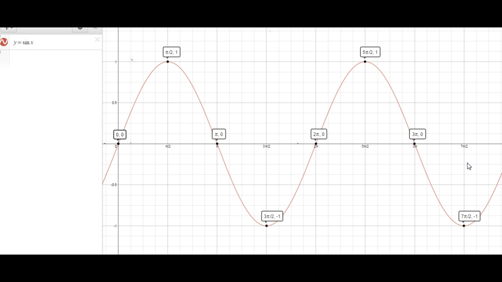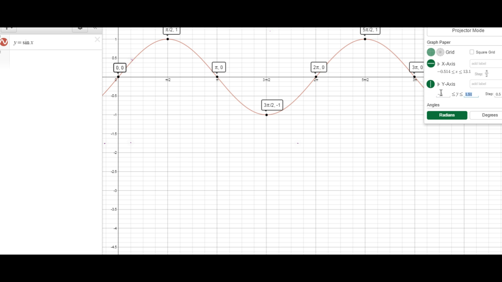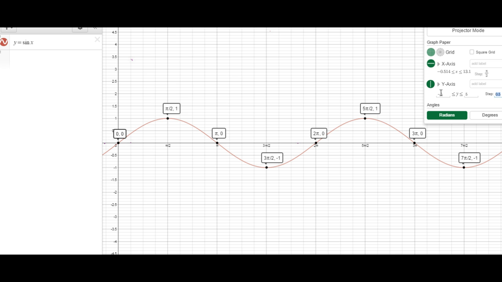All right, so I can leave those guys on there. I'm going to adjust the scale a bit. And what I'm going to do is take the y-axis and go from like -5 to 5. Okay, so there we go. And I'm going to adjust the equation.